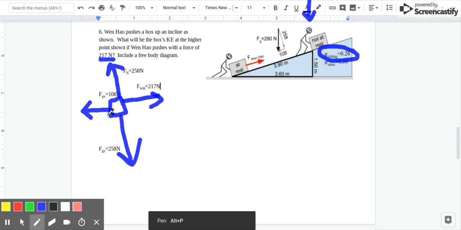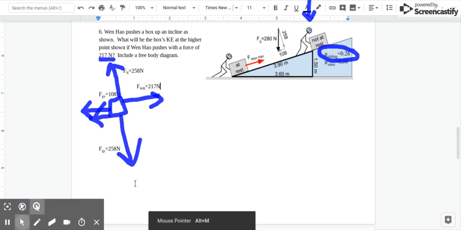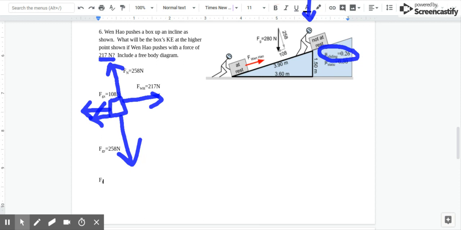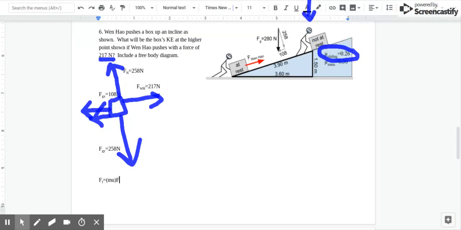So we can do friction now. We need to do a calculation. So the force of friction is equal to, I don't know how to type the character mu, so I'll just type mu. Mu times normal force.